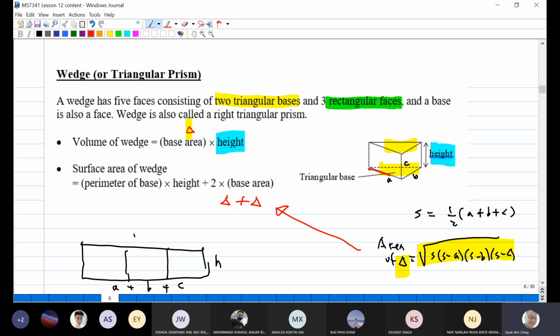The length of this one is A, the height is H. The length times height is the area of the rectangle, so this one is A times H. Then you do another one for another side, B times H. And then the one at the back, C times H.